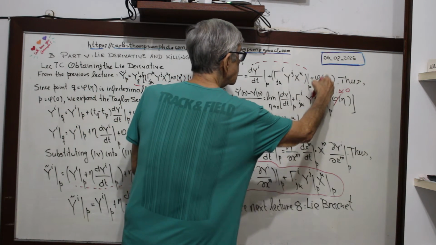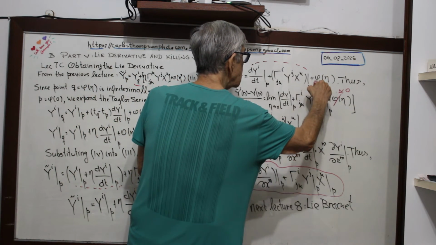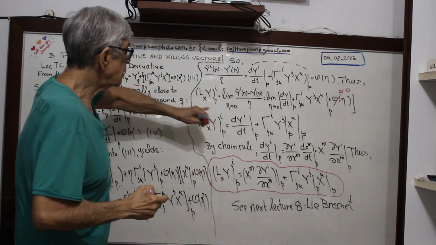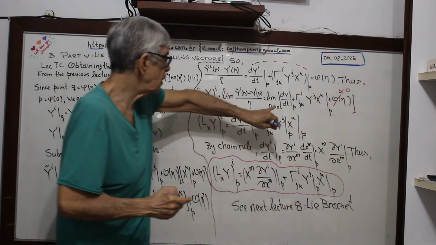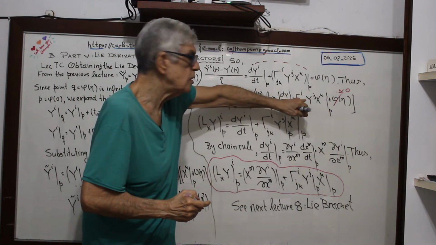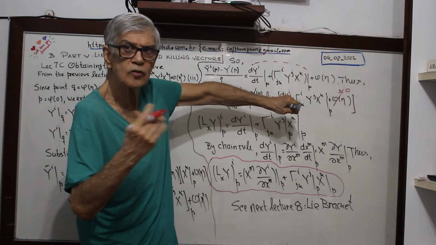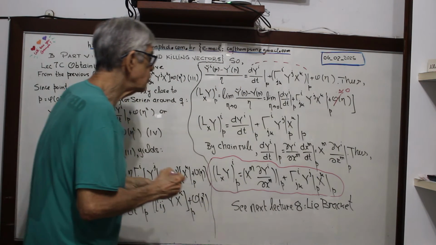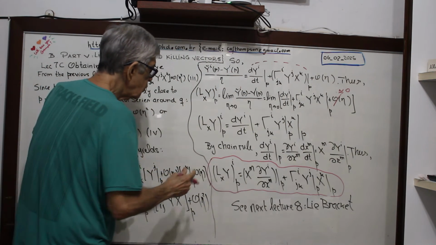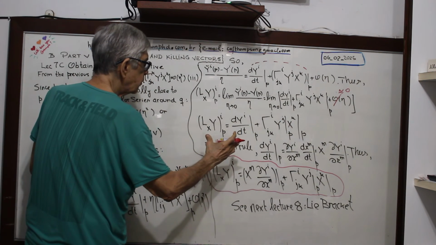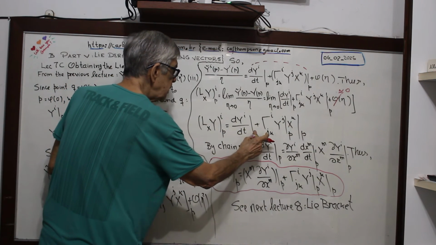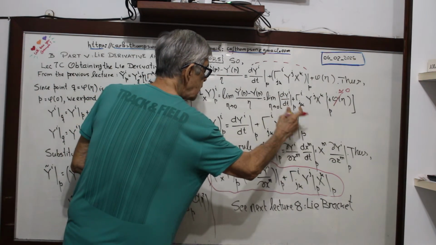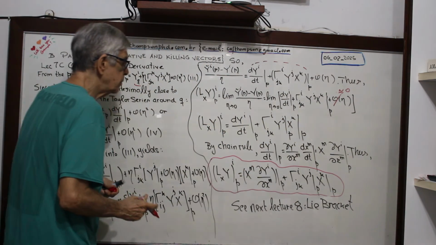But order of eta squared divided by eta is order of eta, which approaches 0. So this is the final equation: dy^i/dt at p plus a Christoffel symbol, y^j, x^k, both at p.